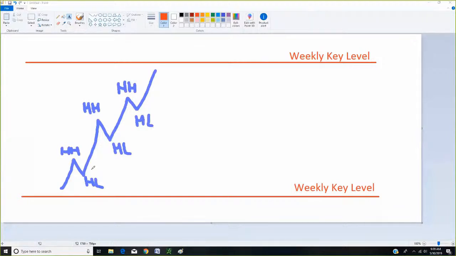Now, it's not always going to be as clean as this. This is where I think it gets a lot of people. The market can be really choppy. It can kind of do this, and this, and kind of pull back in here and go up and kind of go down like this.